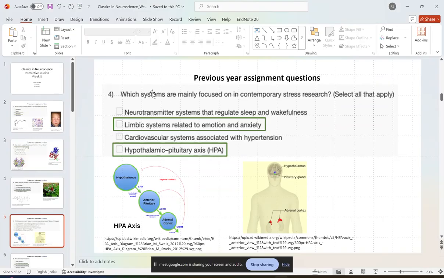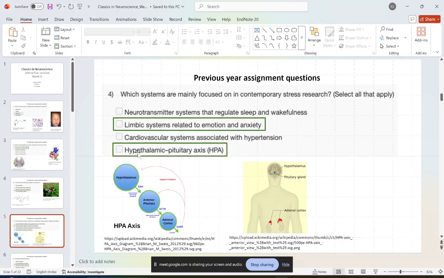So coming back to the question: which systems are mainly focused on in contemporary stress research? Select all that apply. The correct answer has two parts. One, the limbic system related to emotion and anxiety, of which, like we have discussed previously, the hypothalamus is also a part.